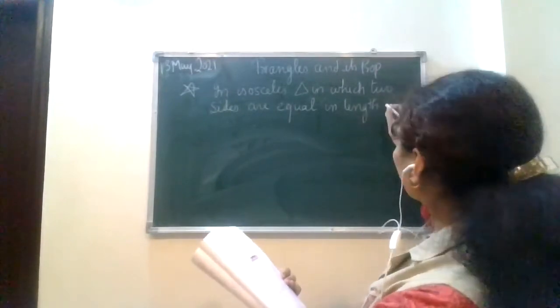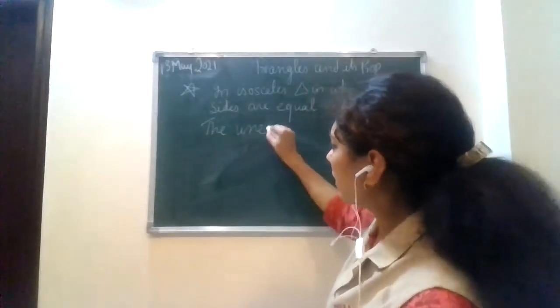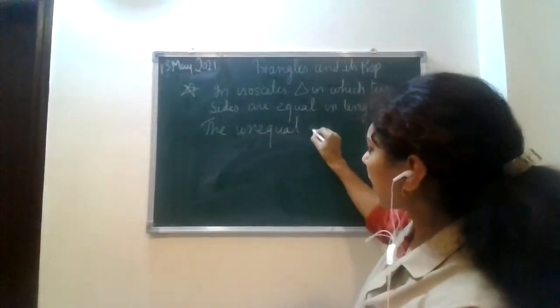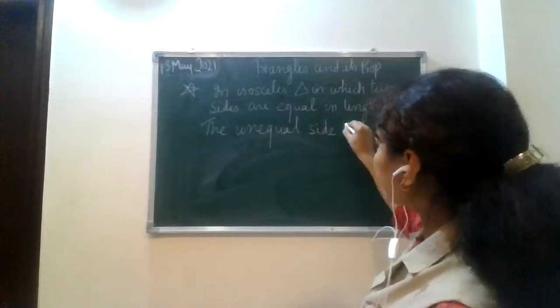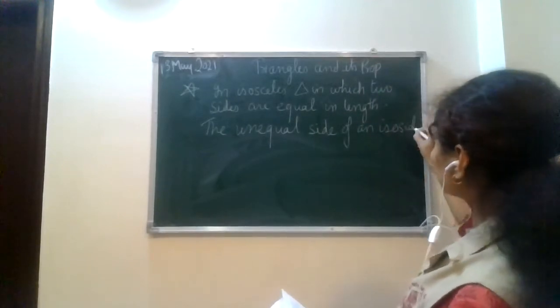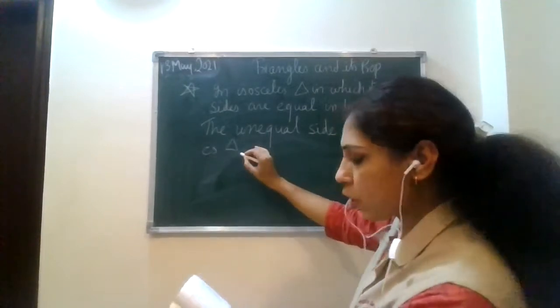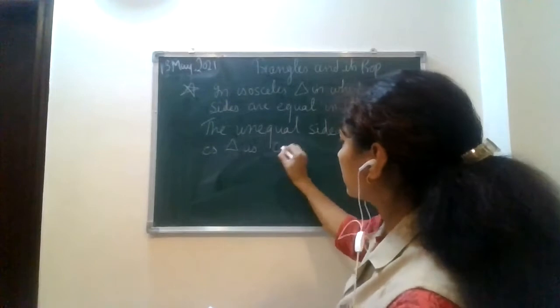The unequal side of an isosceles triangle is called the base.